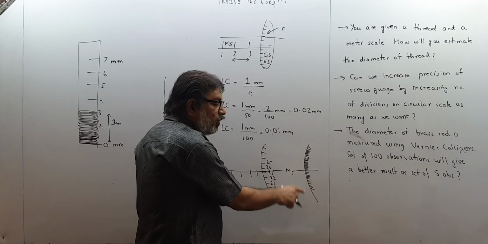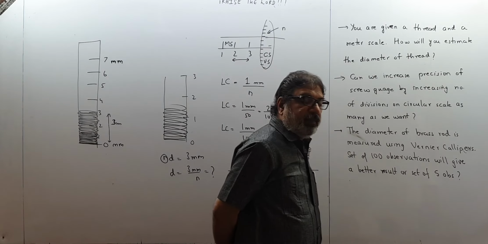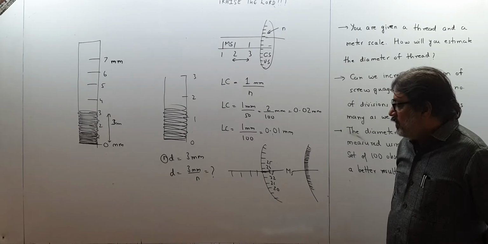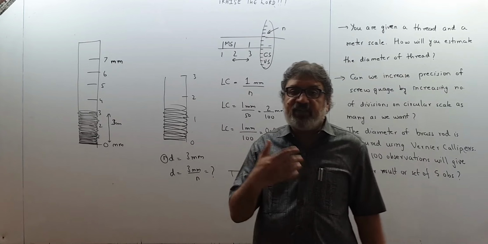If they become very close, then it will become very difficult for us to count or even observe which division is coinciding with the main scale. So taking the vernier reading will become very difficult. We can put as many divisions as we want, but if we increase the number of divisions, taking the vernier reading will become very, very difficult. So we cannot increase the number of divisions to any extent.